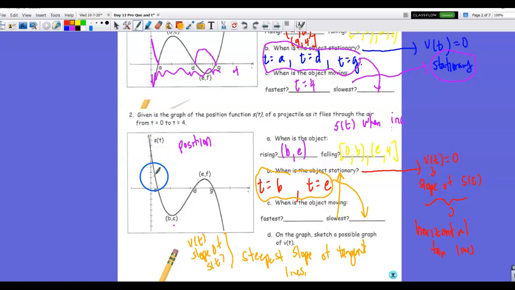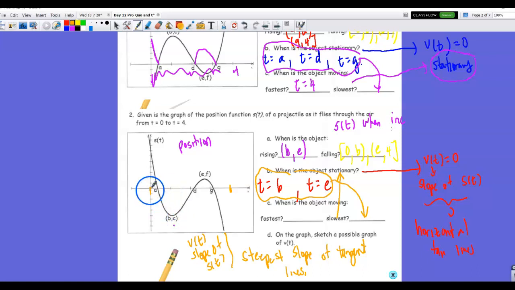So I can see starting at 0 and stopping at 4. If I start at 0, the tangent line is pretty steep at 0, and if you think about pictures of tangent lines as I'm moving along, the tangent line is getting less steep because we're moving towards 0.